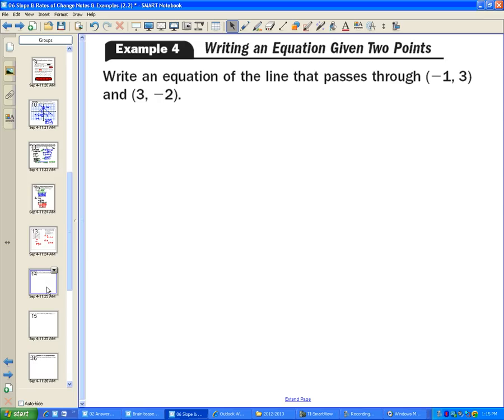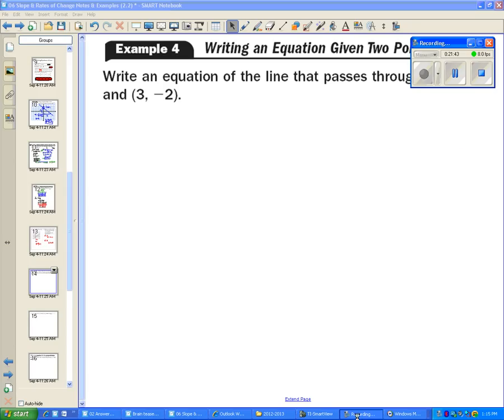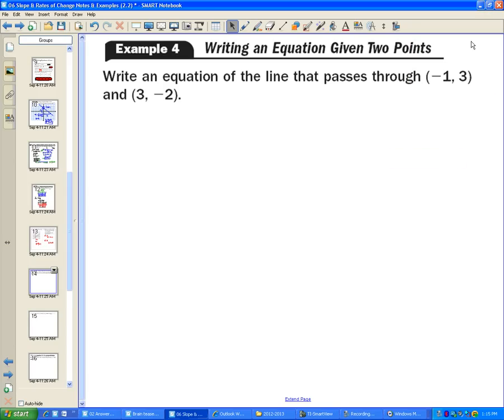So, what can I do now? There's one last step I need to hit. How long have we been going? A little over 20 minutes. I'll be a couple more minutes. I want to write an equation of a line that passes through these 2 points. So first I have to find my slope. So I want change in y over change in x.